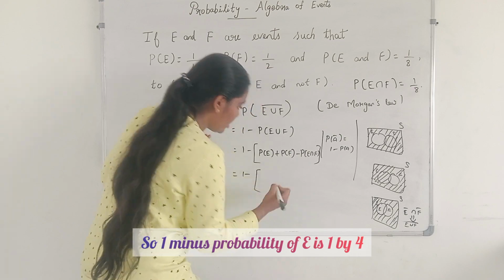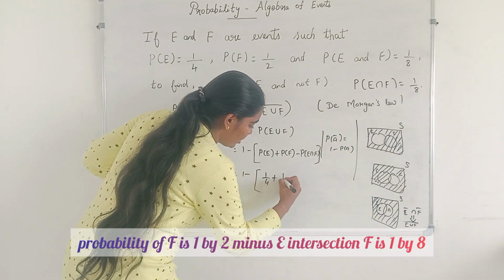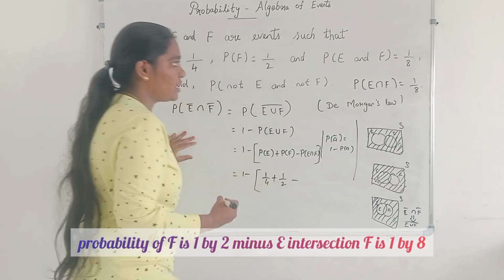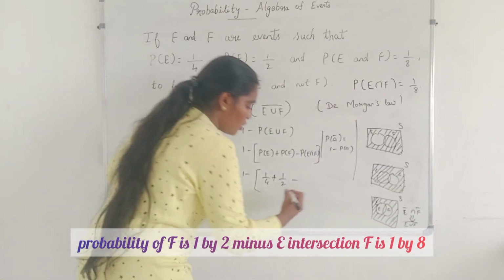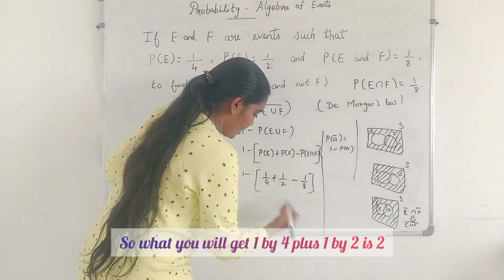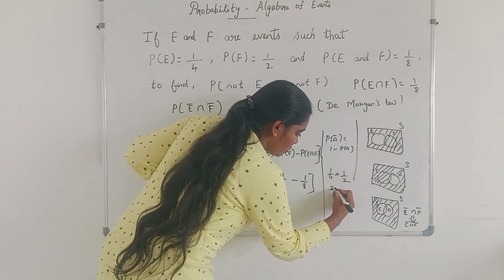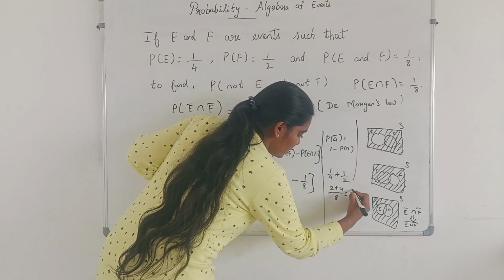So 1 minus, probability of E is 1 by 4, plus probability of F is 1 by 2, minus E intersection F is 1 by 8. So what will you get? 1 by 4 plus 1 by 2 is 2 plus 4 by 8, that is 6 by 8.